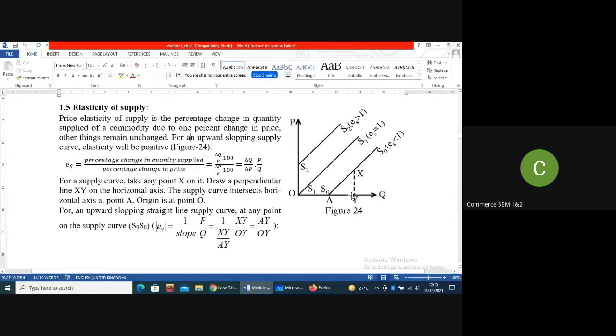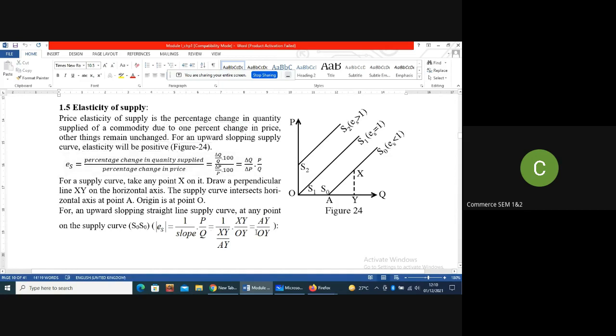Now draw a vertical line, XY, and look, this supply curve S0 intersects the horizontal axis at point A. Now the origin is here, O. For any upward sloping supply curve, the value of elasticity will be positive.